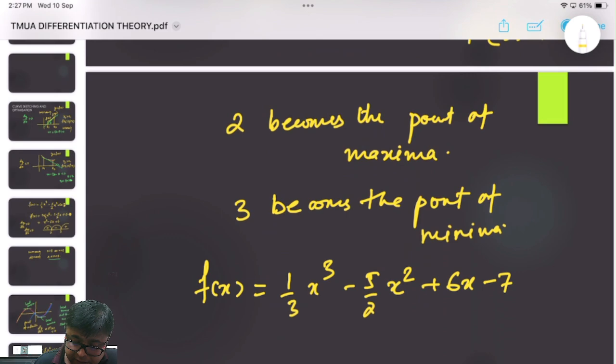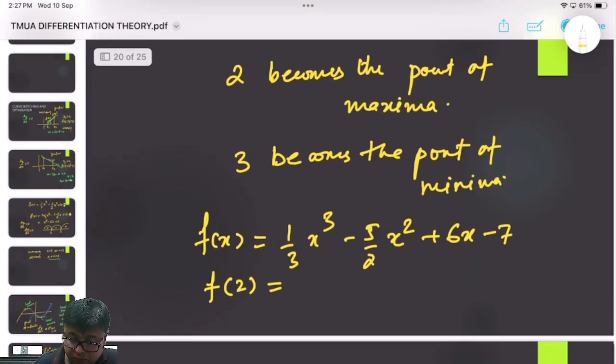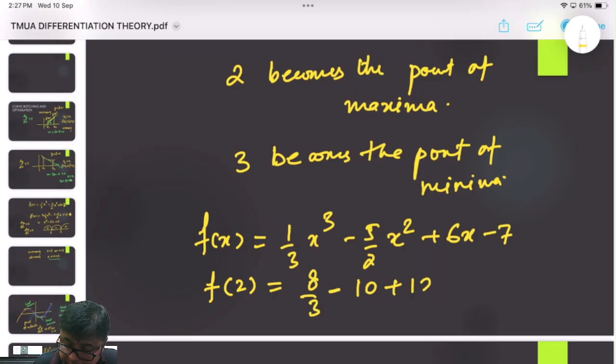Now I will find the value of f of 2. So f of 2 will give me 8 by 3 minus 10 plus 12 minus 7. So I know this is a negative value, right? So f of 2 gives me a negative value, whatever the value is. Now let me find f of 3.